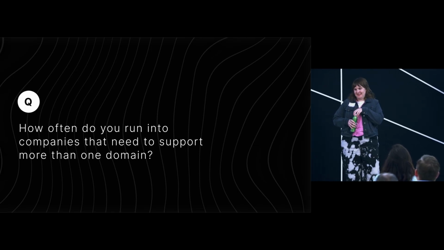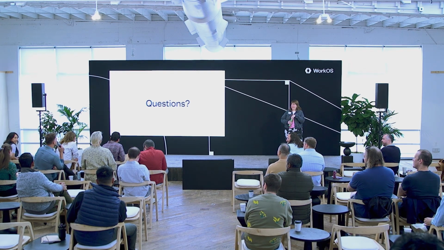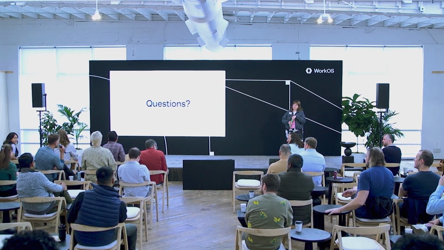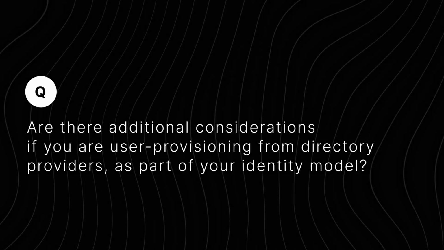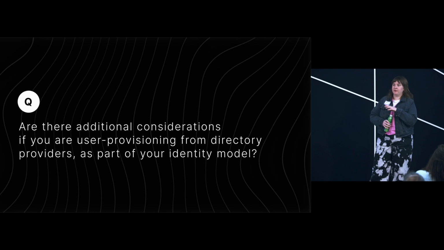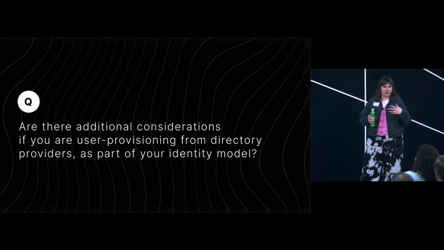So you covered how to think about the identity model for your app in the context of auth providers. But are there considerations if you're using user provisioning from directory providers in terms of your identity model? A couple of the apps that we looked at have different ways of handling this. For Slack, it's more like a traditional SCIM setup, where the admin can provision and deprovision users because they're only a member of that workspace that the admin controls.